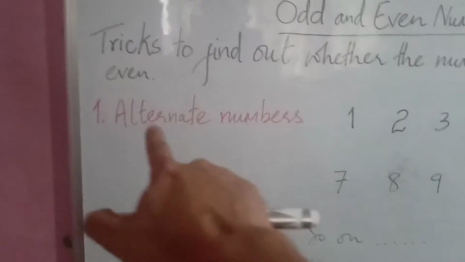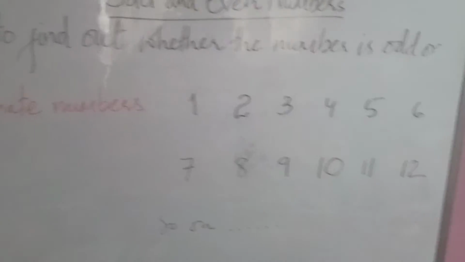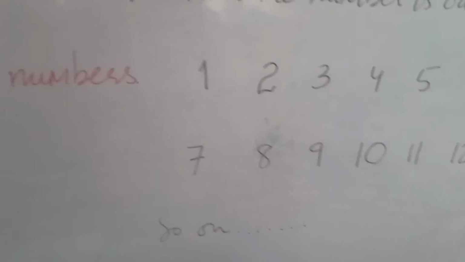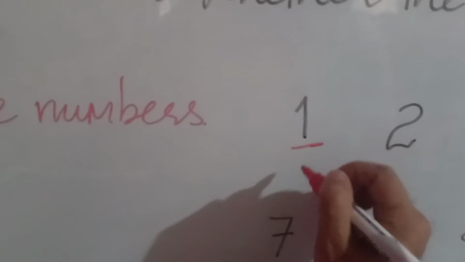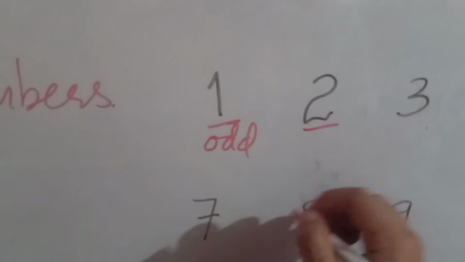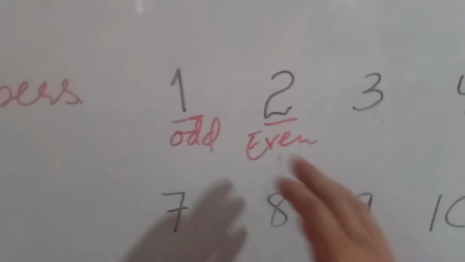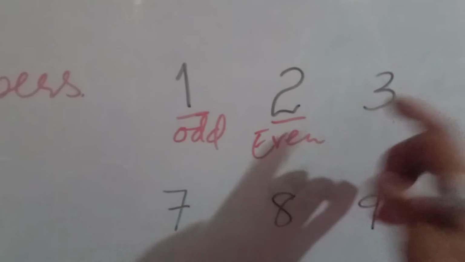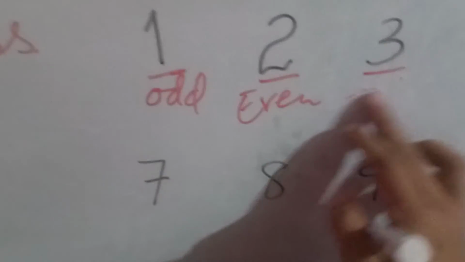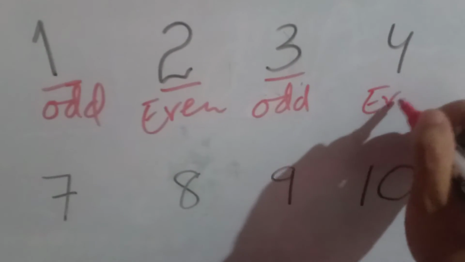The first trick is alternate numbers. This is your number listing, starting from 1 to 12. Number 1 is an odd number, and the alternate number after it is number 2, which is an even number. After even, the alternate number is 3, which is odd, and 4 is even.